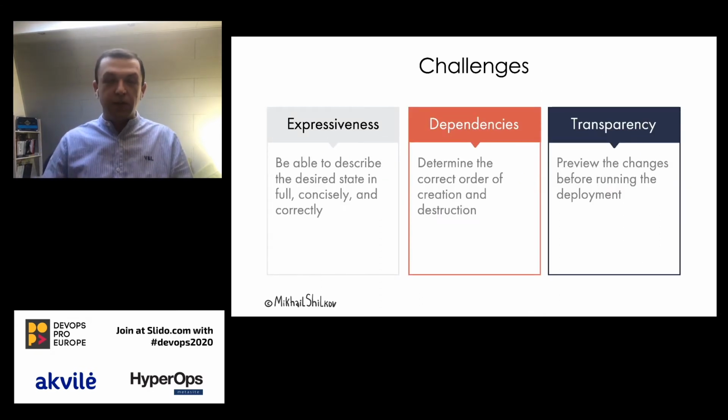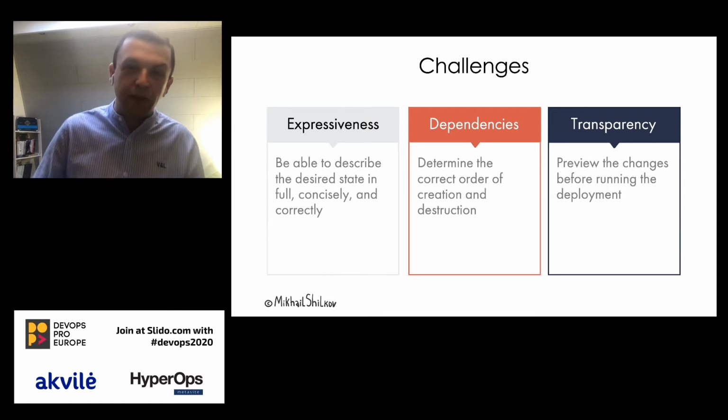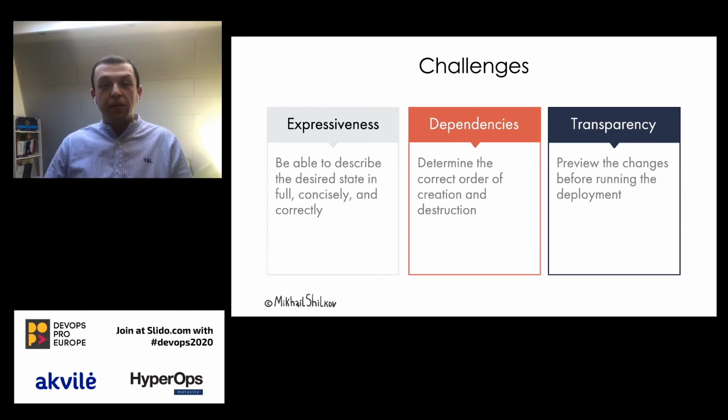There are still quite a lot of challenges in desired state configuration tools. First, they have to be expressive enough so that the user or developer, you, could describe any state of your infrastructure. Also, it has to be good with managing dependencies between them and figure out the correct order to create or delete something to transition from any state to any other desired state.